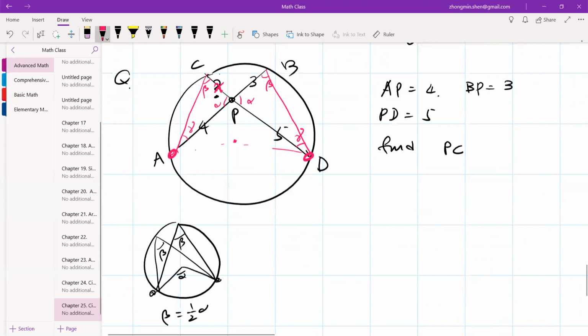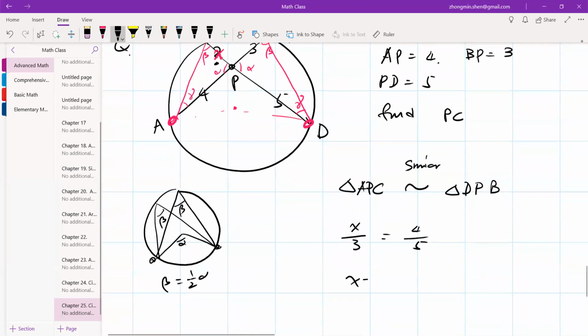So let's write down the corresponding sides. The triangle APC is similar to the triangle, A corresponds to D, P is P, and C corresponds to B. So the ratio of the corresponding sides must be equal. So X to 3 should be equal to 4 to 5.